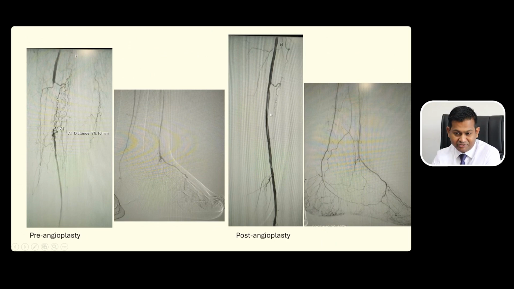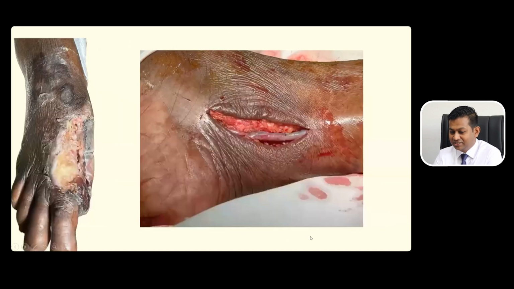Right. There are various devices, various techniques, various things available. We can open this up without a large cut. So this is the blood supply after this. So there is hope. If you go back, for this one, we have plenty of options.